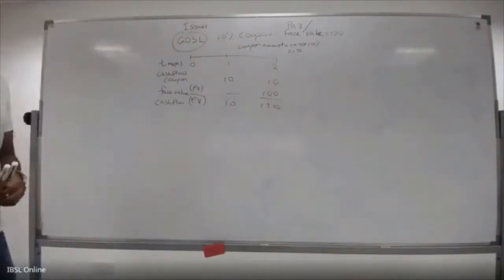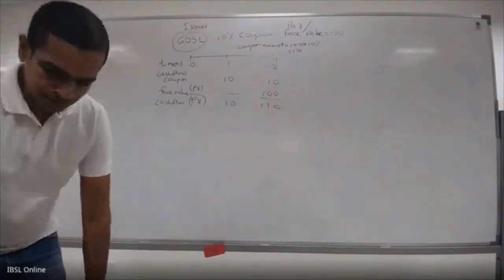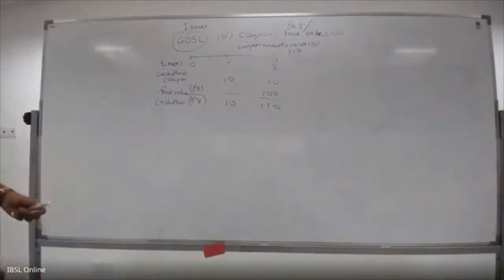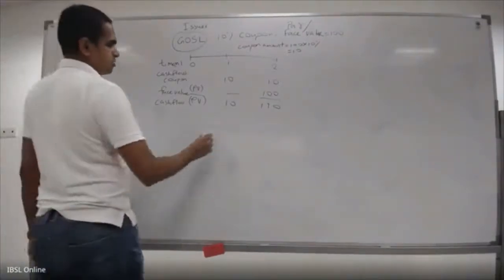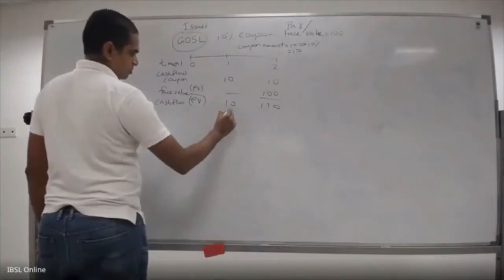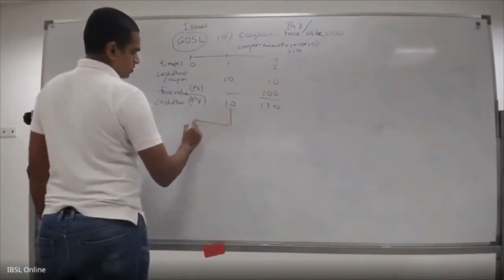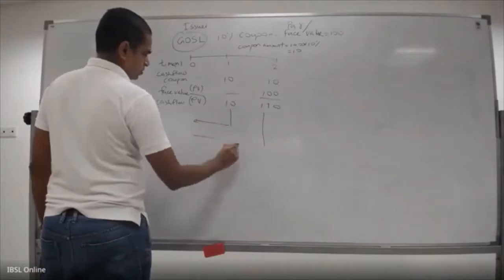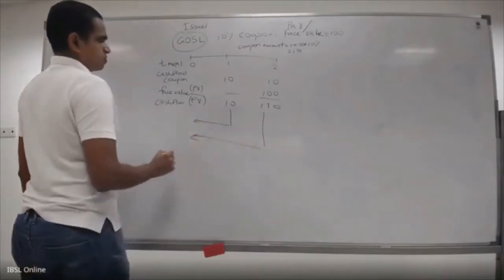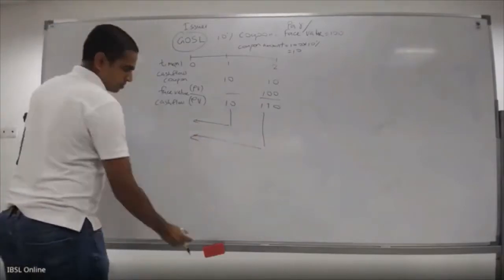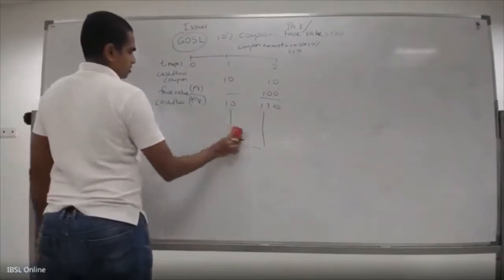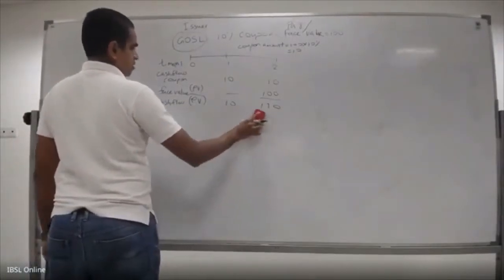Now how do you calculate the present value? Same process, the same discounting process, right? You have two cash flows, discount them to today's terms, and you get the price of this bond, right?